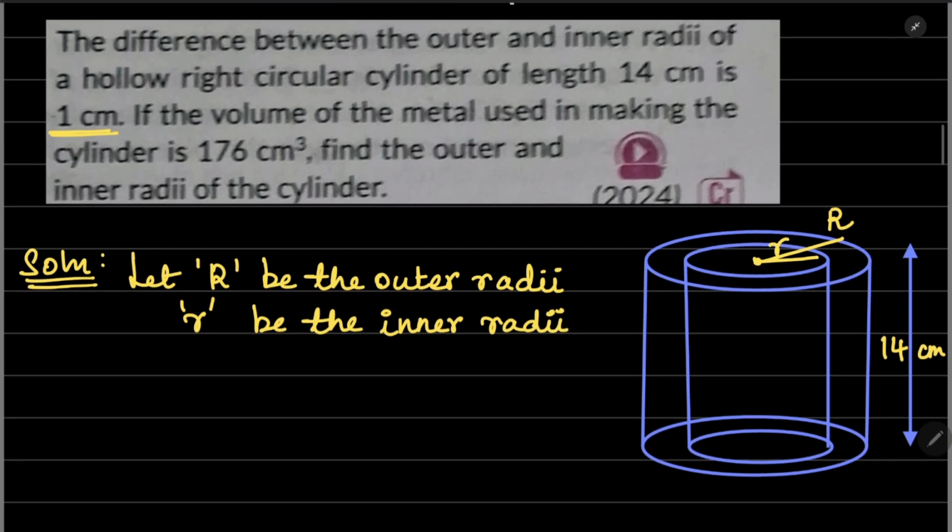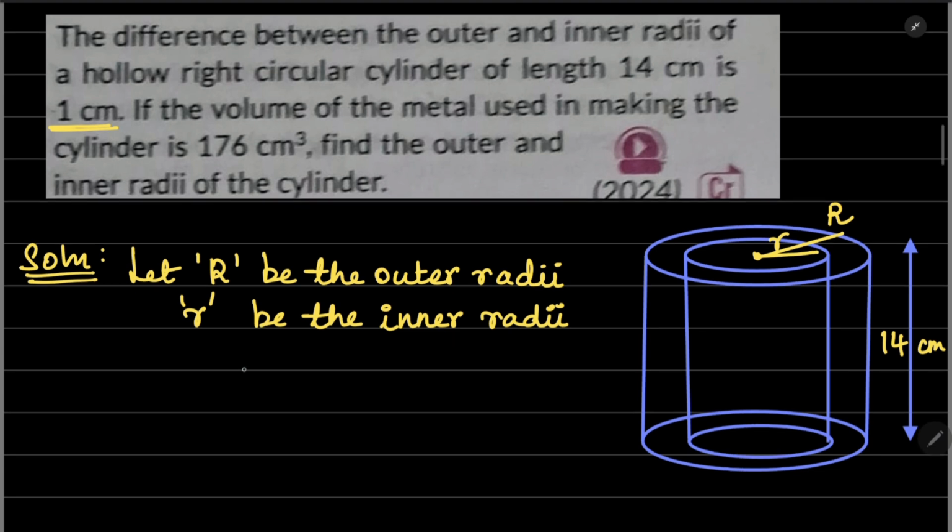Okay, now you are given the difference between the outer and the inner radii of a hollow right circular cylinder of length 14 centimeters. So capital R minus small letter r is nothing but 1 centimeter. This is what is given, right? The difference between the outer and inner radii of a cylinder is 1 centimeter. So you are also given the height. H is equal to 14 centimeters.